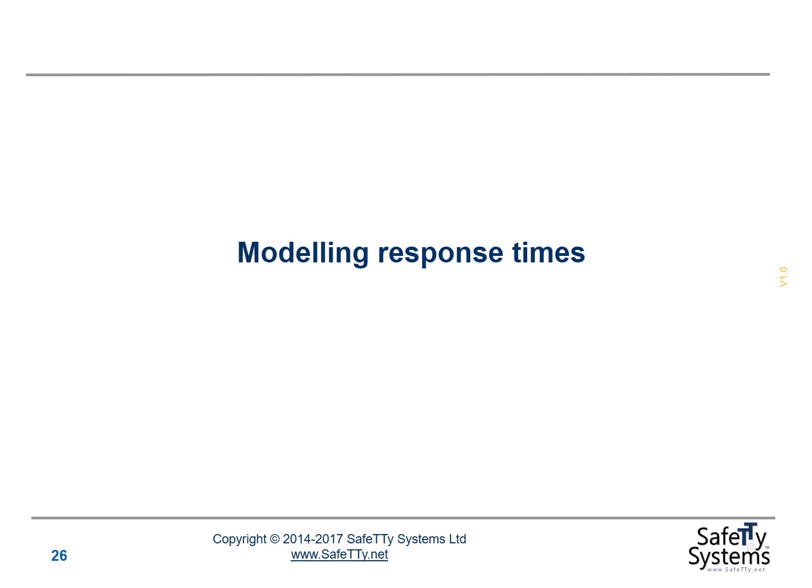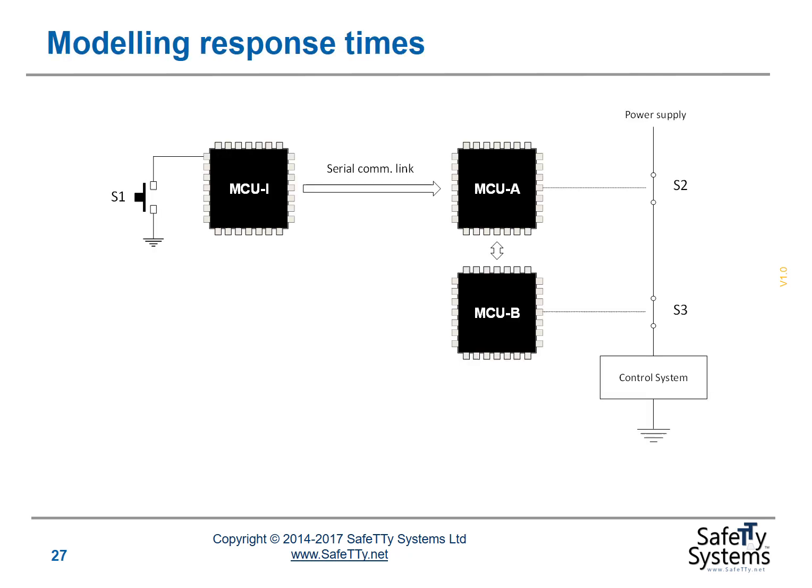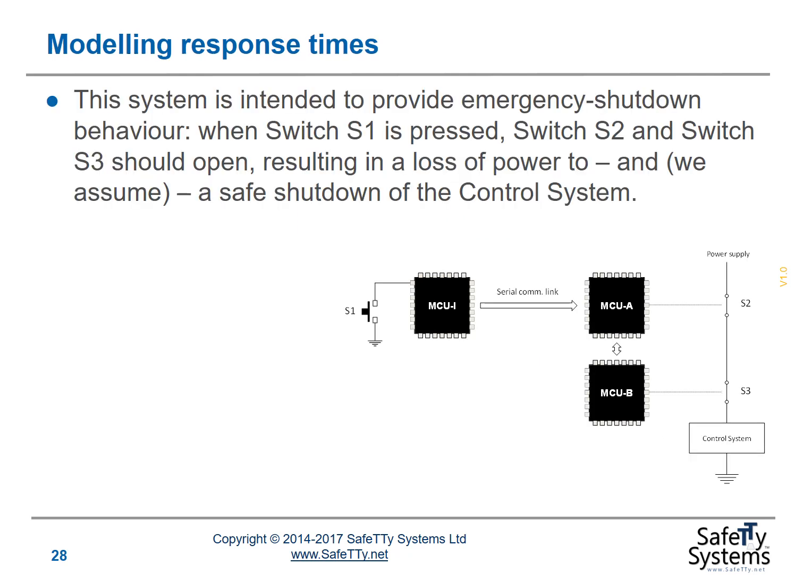So let's now consider how we model response times. We'll consider a slightly more interesting example. So here we have an emergency response system that involves 3 microcontrollers. The system is intended to provide emergency shutdown behavior.